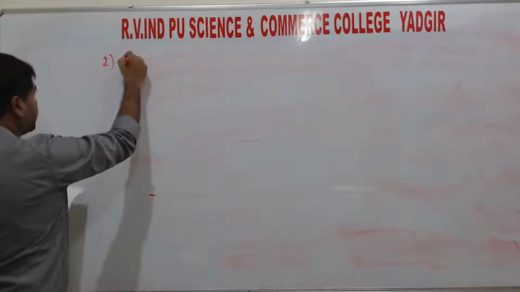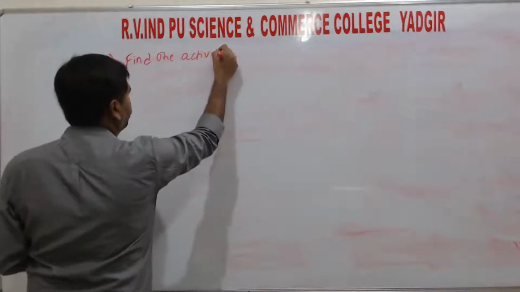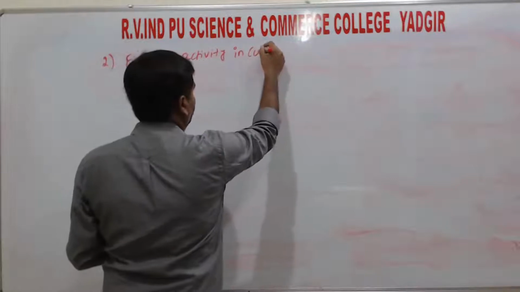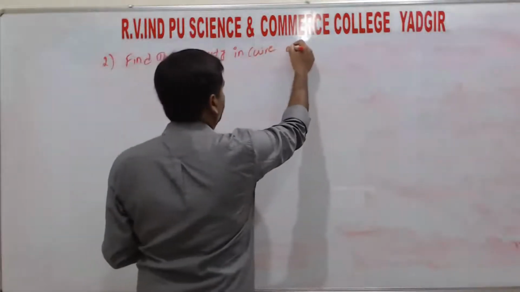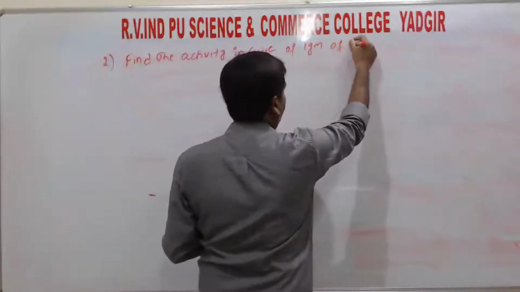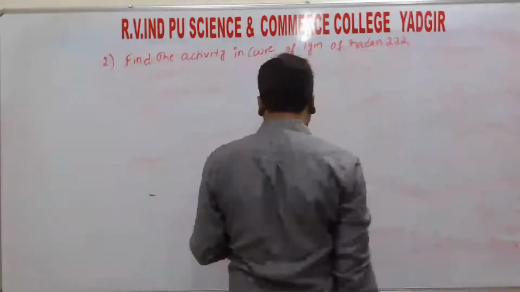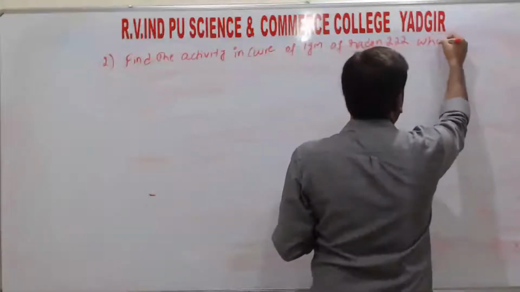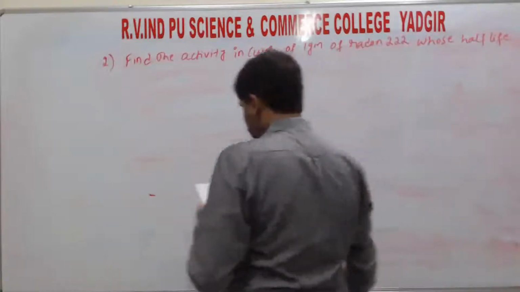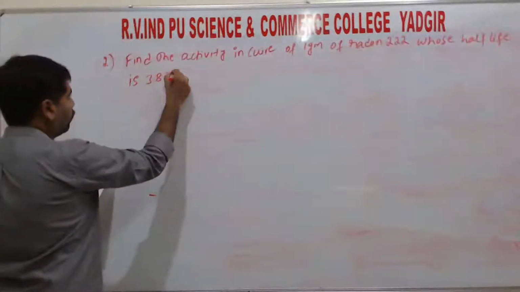So second one: find the activity in curie of 1 gram of radon 222 whose half-life is 3.825 days.